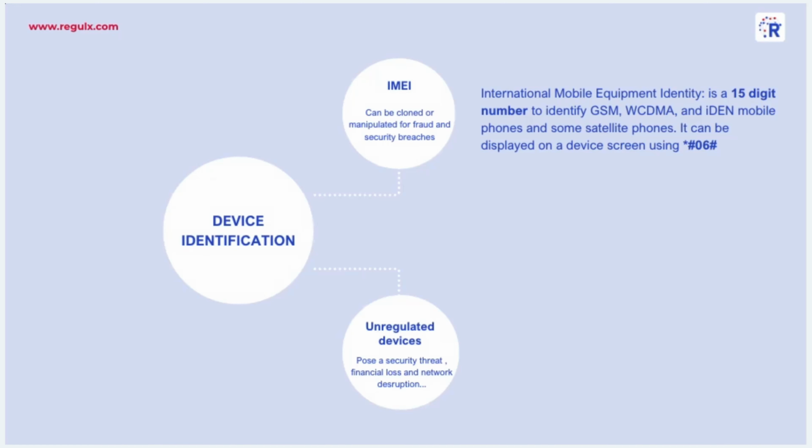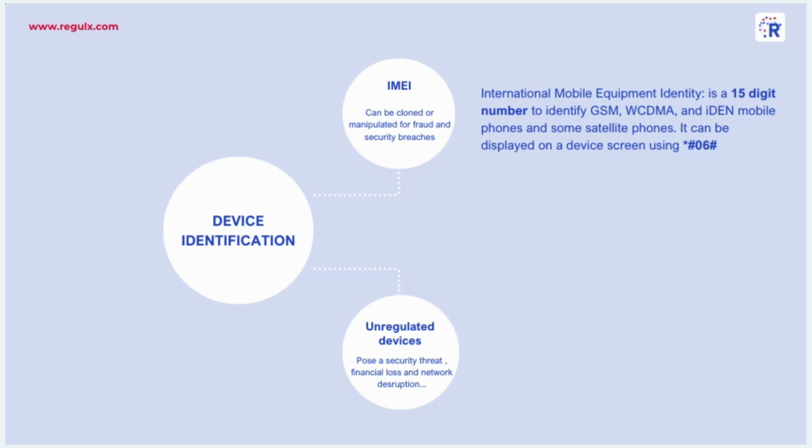This is a unique 15-digit number that identifies mobile phones. If you have a mobile phone, you can just type the number that I'm showing here, and it will display on your screen the IMEI ID that is assigned to your phone. If you have a phone with two SIM cards, it will show two numbers.